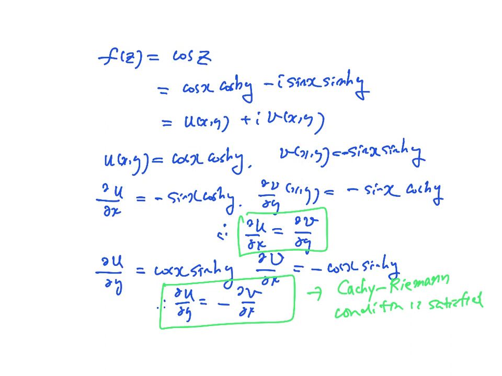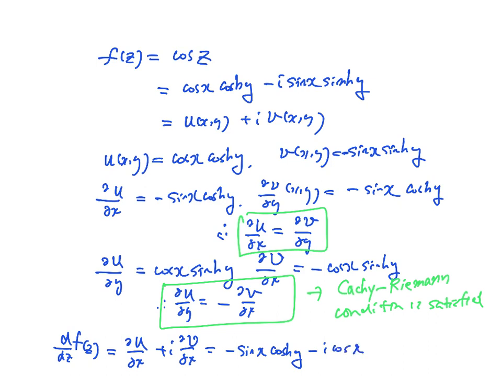So differentiable: dz of f is partial x of u plus i partial x of v, which is minus sine x cosine hyperbolic y minus i cosine x sine hyperbolic y. It's basically minus sine z, right?